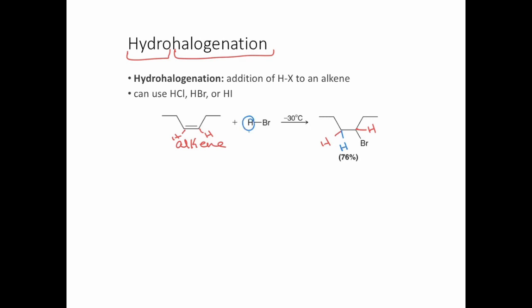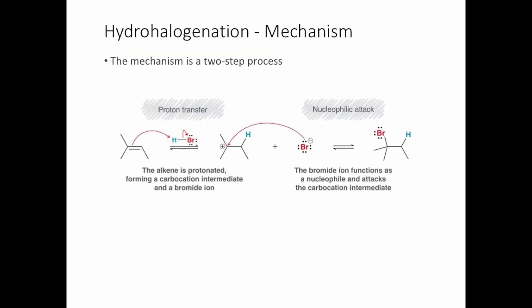So that hydrogen corresponds to that hydrogen. The mechanism is a two-step process. In the first step, the alkene grabs an H from HBr. So you draw an arrow from the center of the pi bond ending at the hydrogen. And then that HBr bond breaks and the two electrons in it stay behind with the bromine.